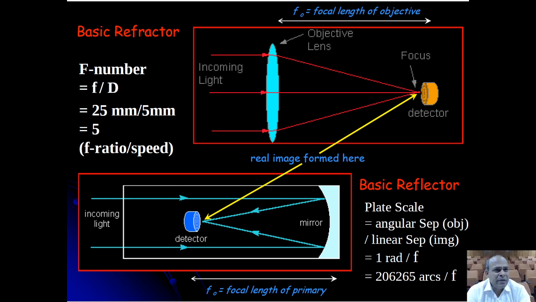So this is basically the unit angle which is getting imaged at the focal plane. You see 1 radian by the focal length, and 1 radian equals 206265 arc seconds per focal length. Focal length is normally expressed in millimeter, so the unit of plate scale is arc second per millimeter.